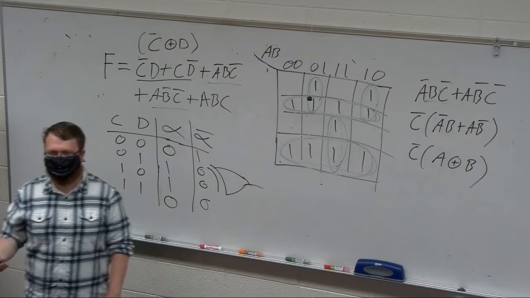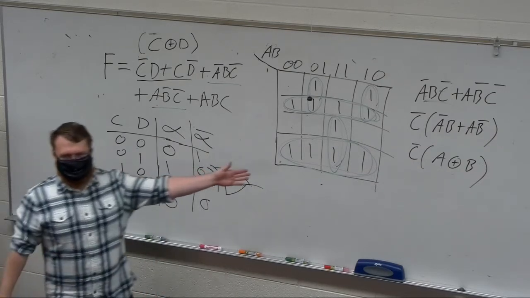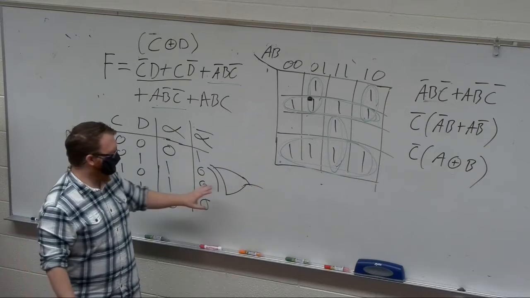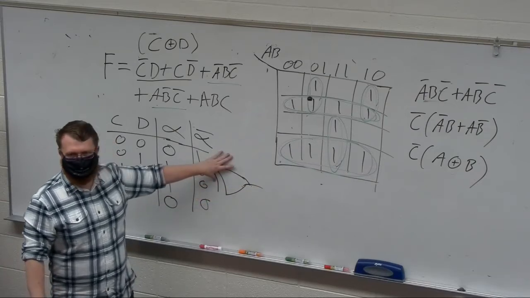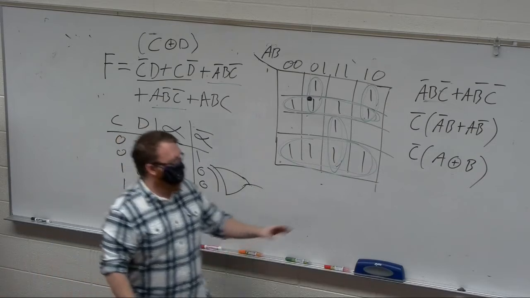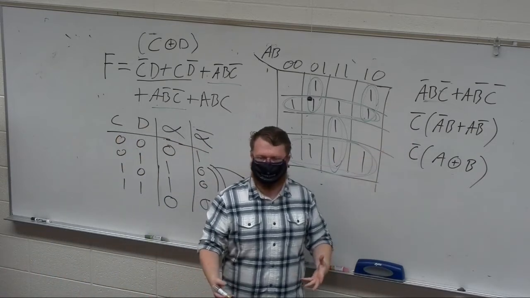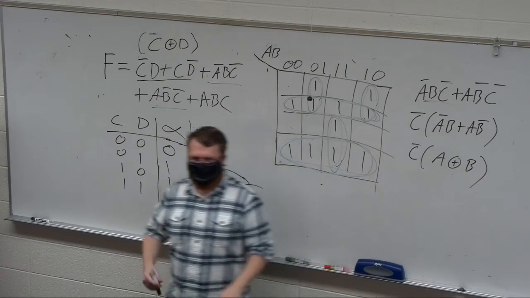Right, so there are other simplifications. Now, one of the reasons we might not do that is because an XOR is not one of our universal gates. When we move on to the design, this is a simpler one if you're building this out of discrete components, right? That could be a very useful configuration.